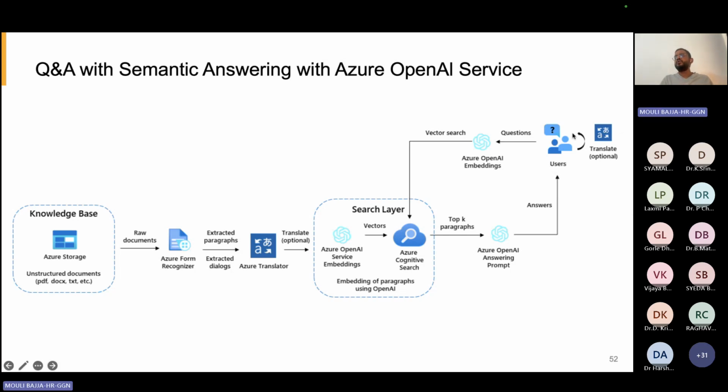Now, here you look at the user. If the user asked a query in Telugu, it translates into English. Or if the user asked in English, the question goes through OpenAI. OpenAI then converts the question into embeddings. These embeddings, or a vector, will go here to the search, where there is a database of so many vectors already there.